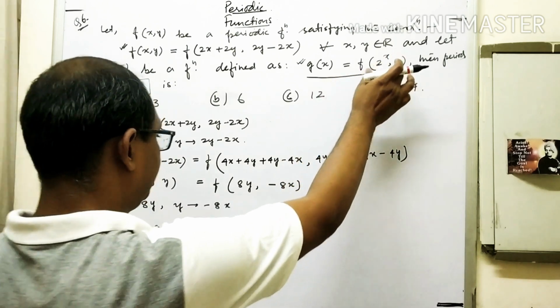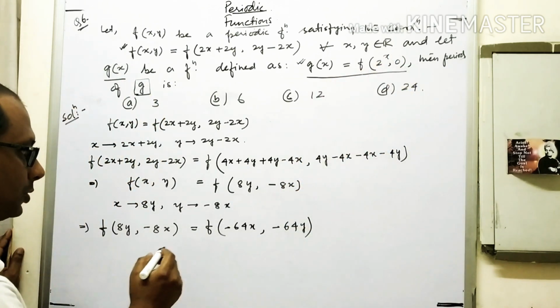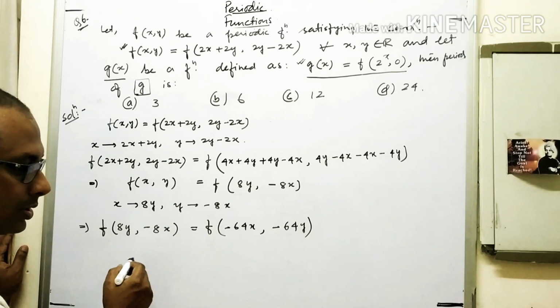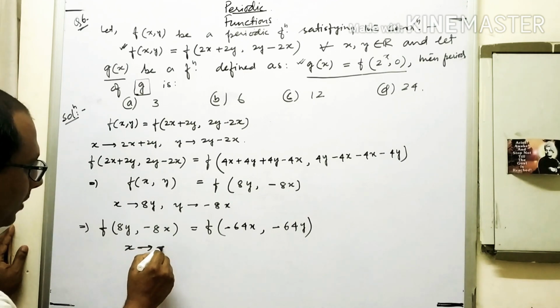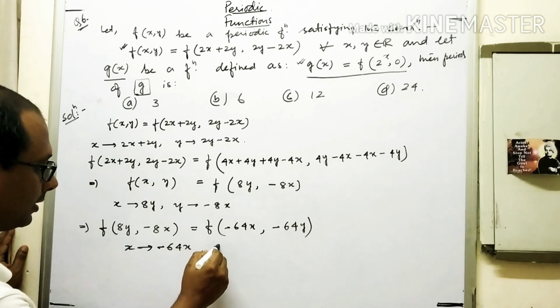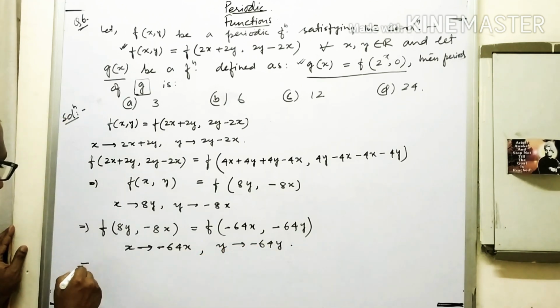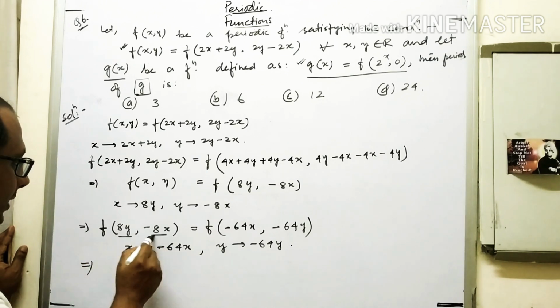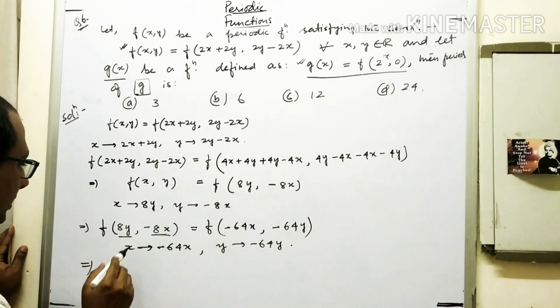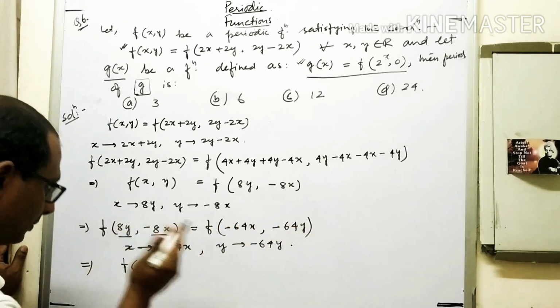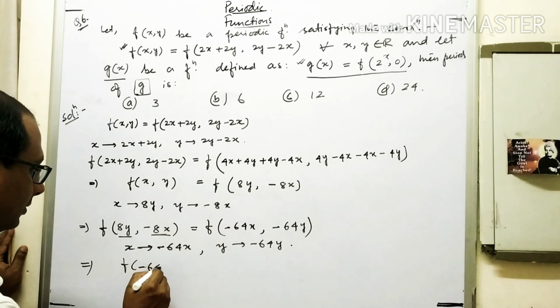Still we are not there. Okay, so let us do one more substitution. x to minus 64x and y to minus 64y. This one is again x and y. Okay, so f of (x, y) again.